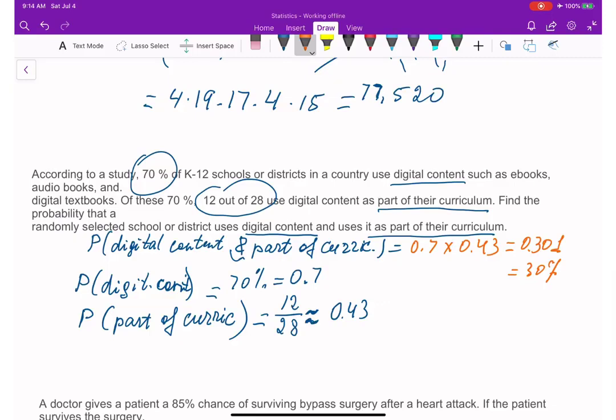Next, one thing I want you to pay close attention to: it always tells you in parentheses how many decimal places to round your number. I believe they are asking for decimal notation, not percentage.